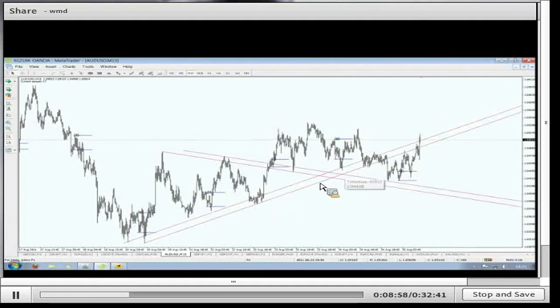Right. I see. So we're talking about this now. All right. What would I use that trend line for? I would not use that trend line for bias short. What I would use that trend line for is to get me into a long trade. Right.